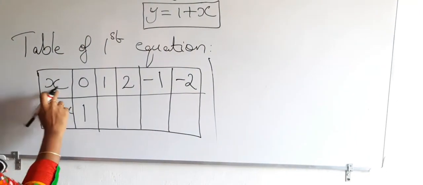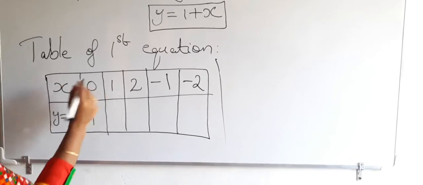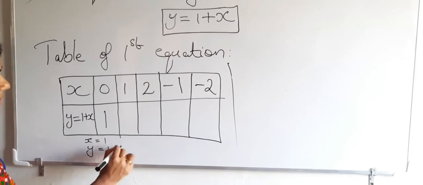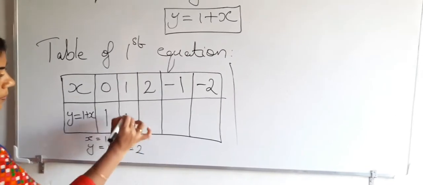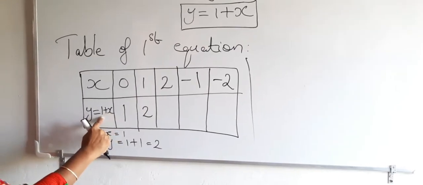So when x equal to 1, what will be y? When x equal to 1, y equal to 1 plus 1. 1 plus 1 is 2. So you can write here 2. When x equal to 2, 2 plus 1 is 3.